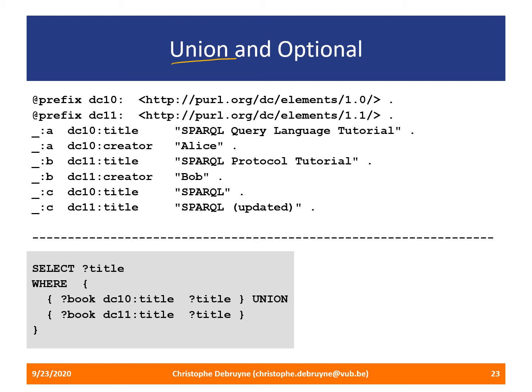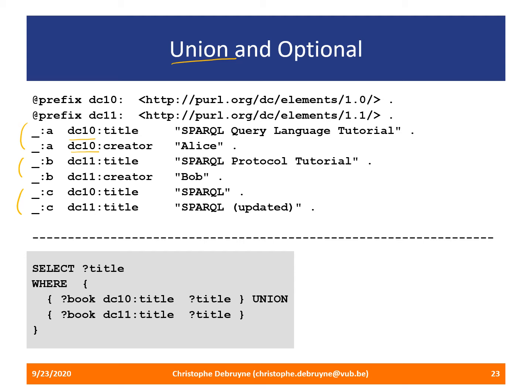So in this RDF file, we have a couple of statements about 3 books. The first book has a title and a creator, Alice, and it uses a particular vocabulary, Dublin Core 1.0. The second book has also a title and a creator, Bob, but it uses a different vocabulary, Dublin Core 1.1.